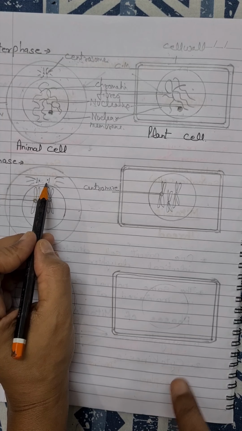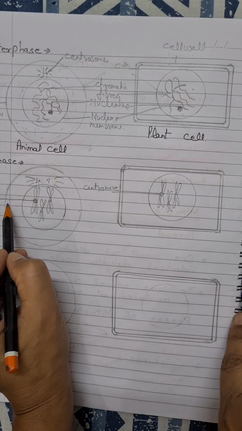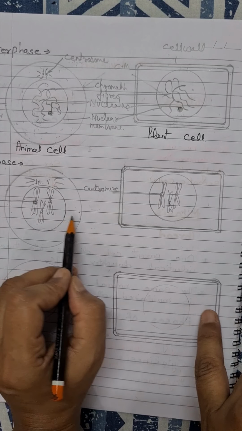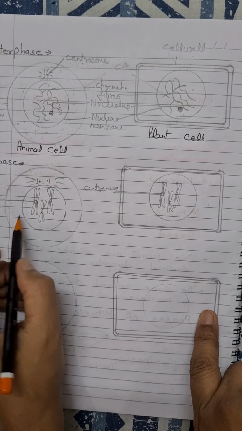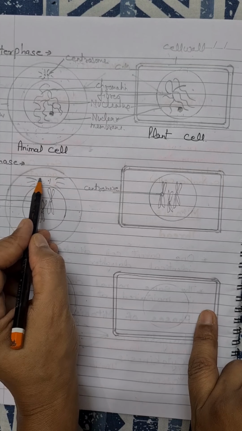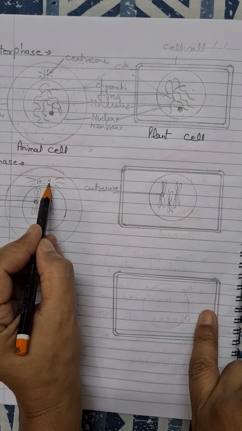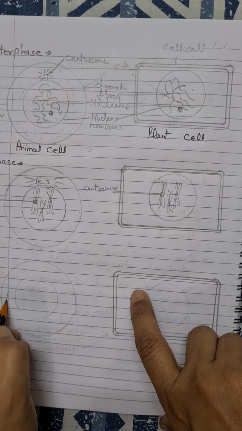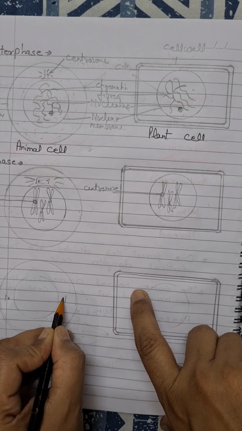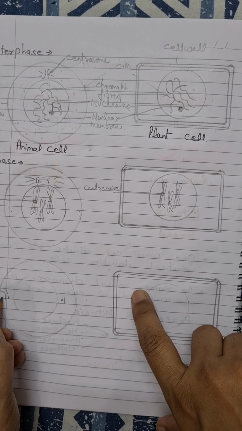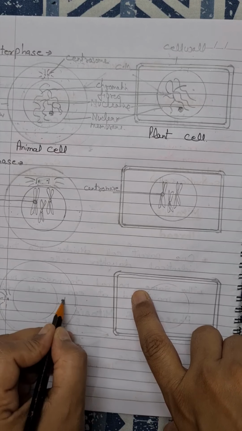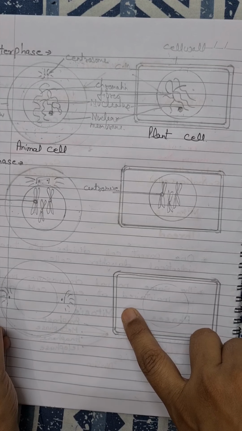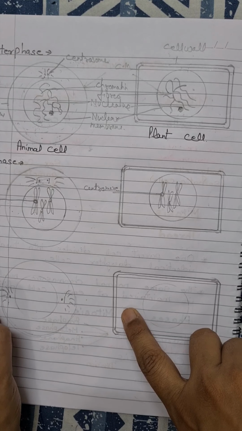Both the centrioles, as soon as they divide, start moving apart from each other towards the imaginary poles of the cell. As they move, spindle fiber formation takes place in between them. At the end of prophase, these centrioles have reached the imaginary poles where they are surrounded by radiating rays known as asters.